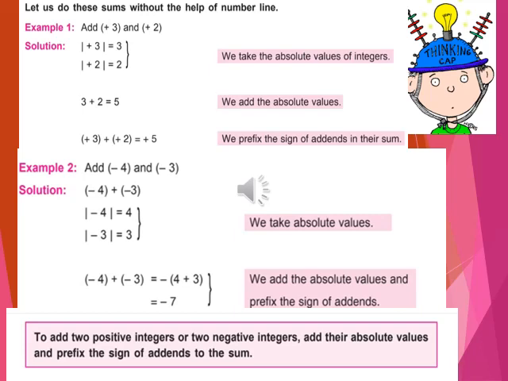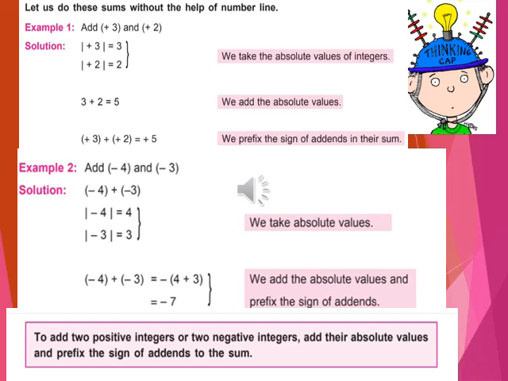Add them. So we get 3 plus 2 equals 5, and therefore plus 3 plus plus 2 equals plus 5, because in the sum we have to prefix the sign of the numbers. So this way we can add without using the number line.